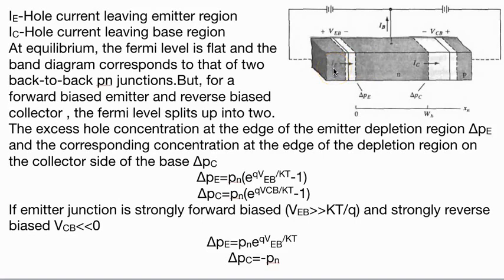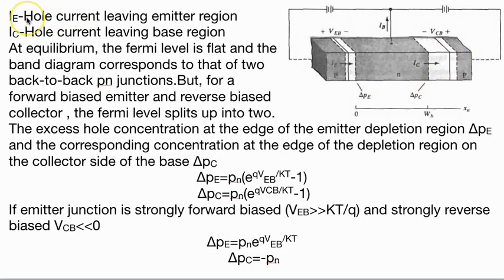The emitter current is crossing the emitter base region, having a larger width in N region as compared to P region, because N region is lightly doped in comparison to the P region. Similarly, in the collector to base region, N region is again lightly doped in comparison to the collector region.